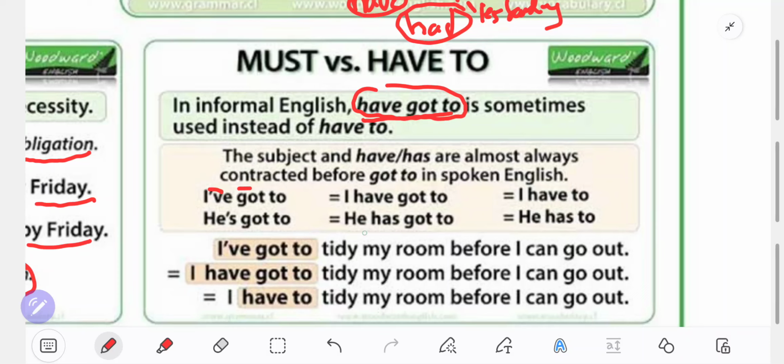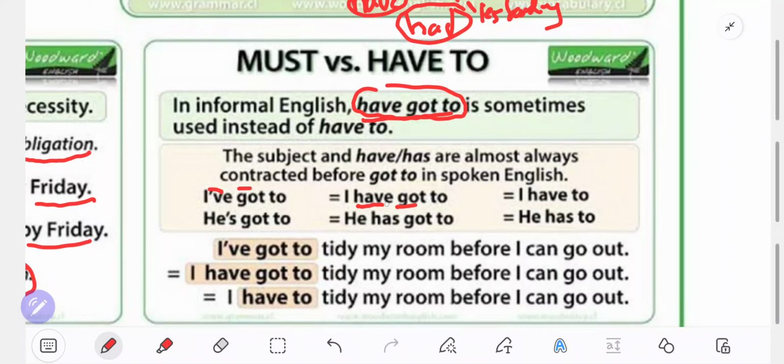It has a similar meaning to I have got to. Same. But for this sentence, the words are more short. I've got to. I have got to. And it has the same meaning. I have to.